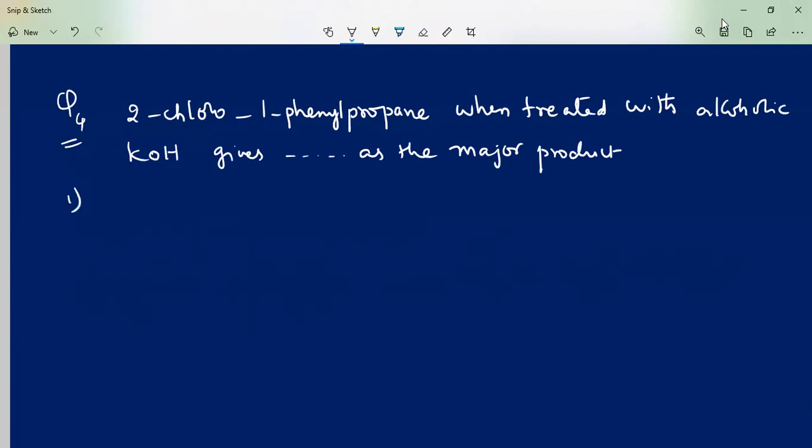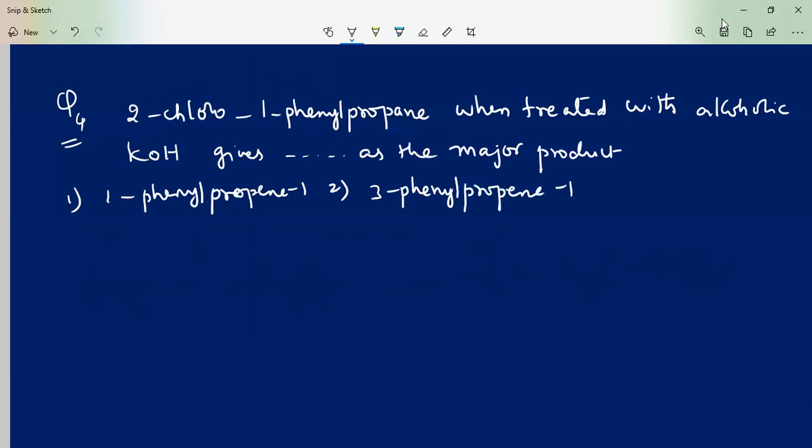We have options: 1-phenyl propene, 3-phenyl propene, 1-phenyl 2-propanol, and the last one, 3-phenyl 1-propanol.